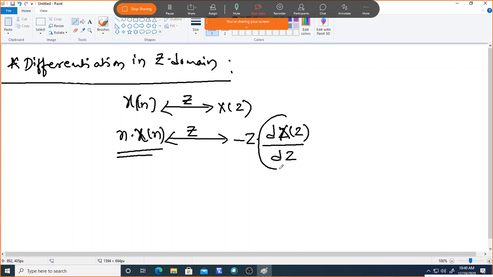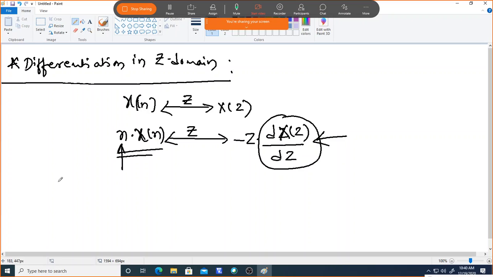So this is the differentiation of X of z. That is nothing but differentiation in z domain. If you differentiate in z domain, that gives the multiplication by the scaling factor n. We will see how we get the differentiation property, and we will prove that.